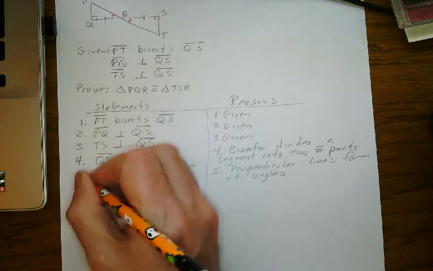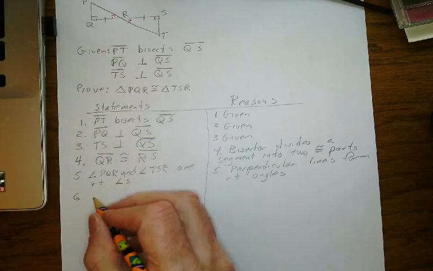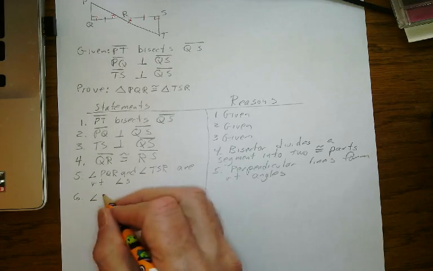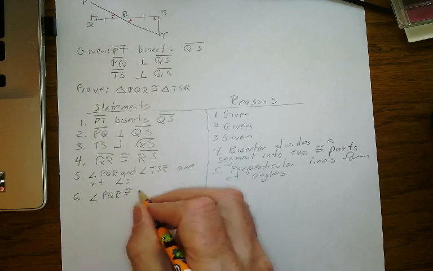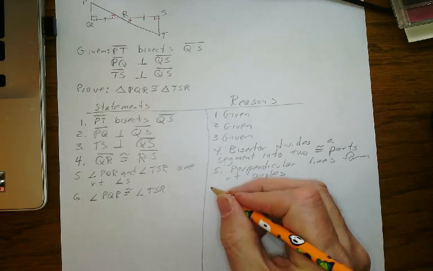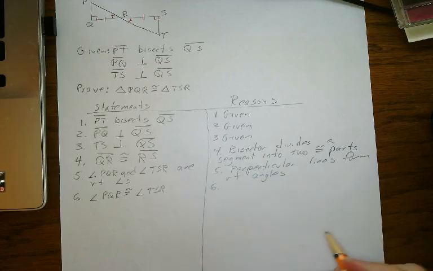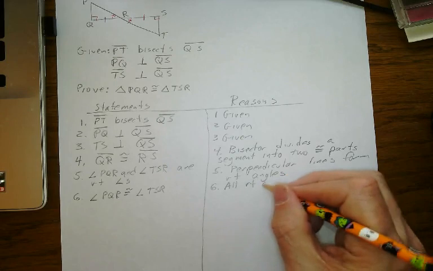Now, I just said they're right angles. We need them to be also congruent for our proof to work, so I'm going to say angle PQR is congruent to angle TSR. Why are they congruent? Well, they're both right angles, right? They both measure 90 degrees. So all right angles are congruent.